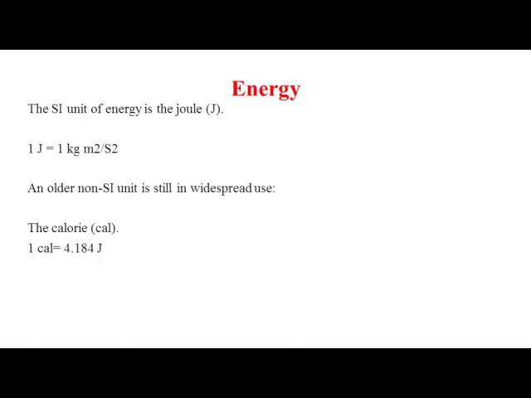The SI unit of energy is the joule, and 1 joule is equal to 1 kilogram meter square per second square. And the older non-SI unit is still in widespread use, that is calorie. We have already studied the relation between the calorie and the joules.